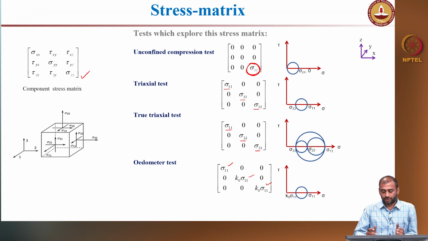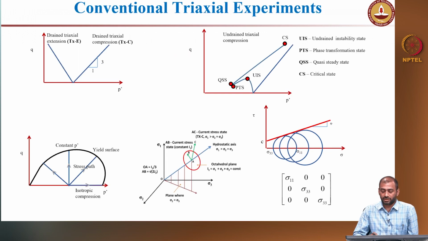Again, the complexity of operating these devices also increases as you try to control more and more stress components. So you use all these techniques to understand the material response by applying complex stress paths.